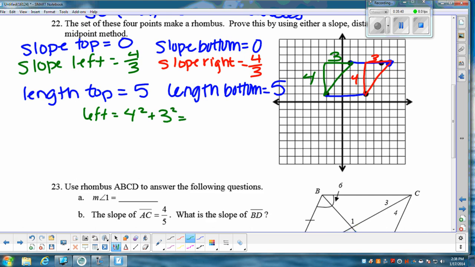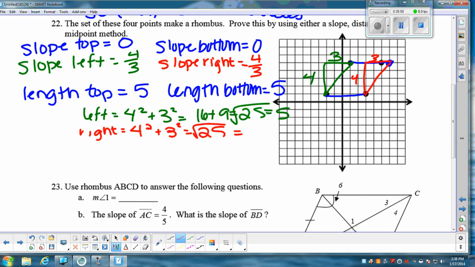So that's 16 plus 9, which is 25. And hey, look at that. Our length of our left side is 5. So we have 3 down, 1 more to go. Check the right side. Again, we have 4 squared plus 3 squared, which ends up being the square root of 25. So we have all sides congruent. So we have a rhombus.